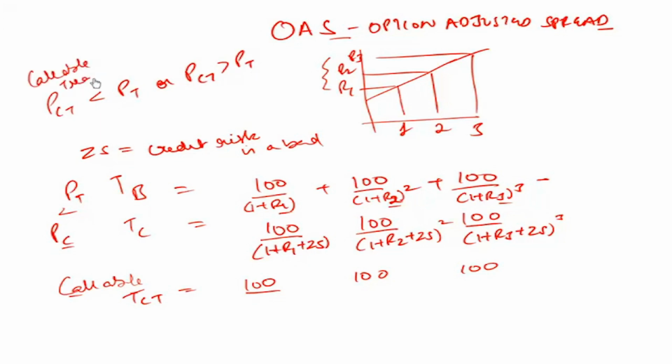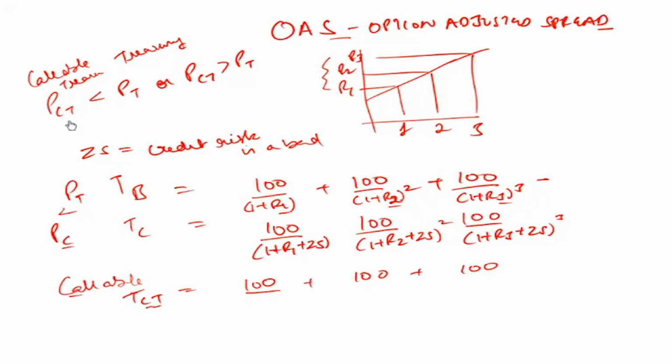The callable treasury versus the regular or non-callable treasury bond, which has the same expected cash flows. The price of the callable treasury would be lower because of the call option, as there is a short call option which limits upside. So because the price of the callable treasury is limited, the price would be lower.